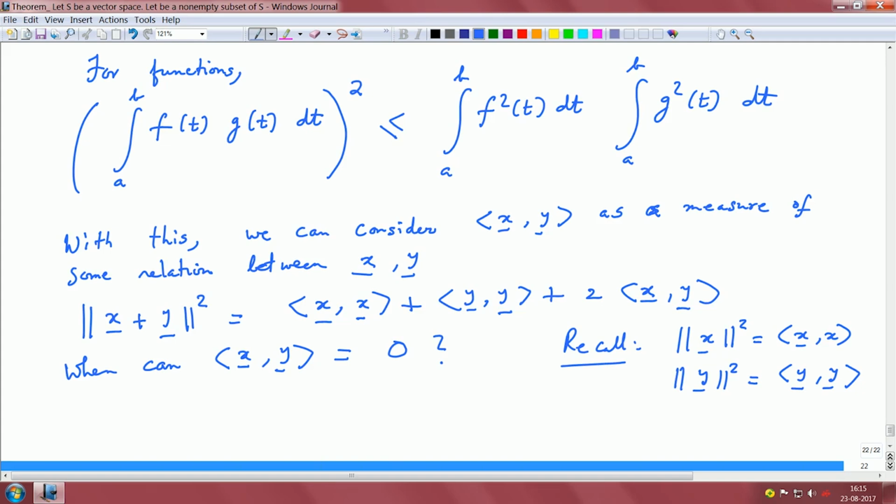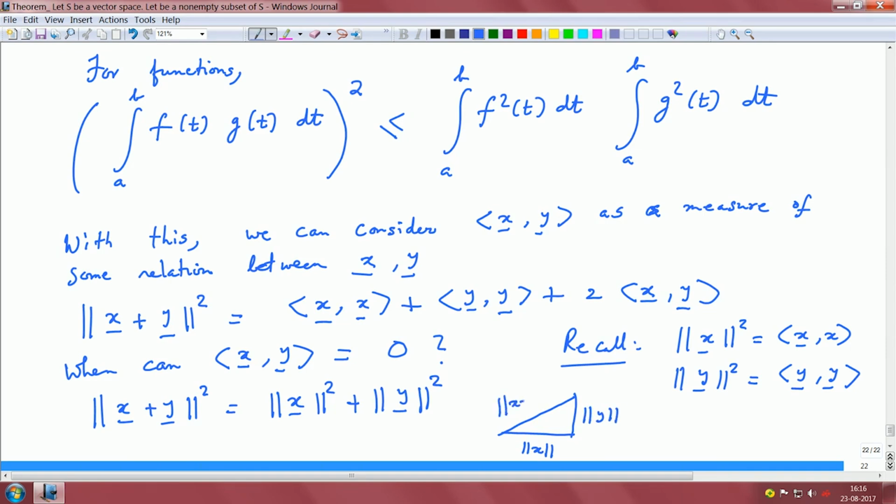So when the inner product of x with y is 0, then we will end up with norm of x plus y squared being norm x squared plus norm y squared, and this is our familiar Pythagoras theorem, which indicates that x and y are at 90 degrees to each other.